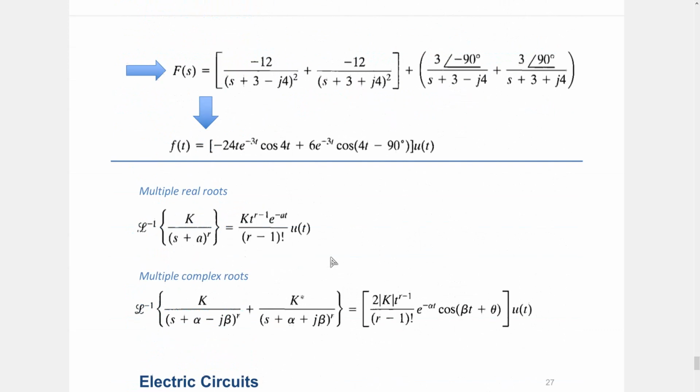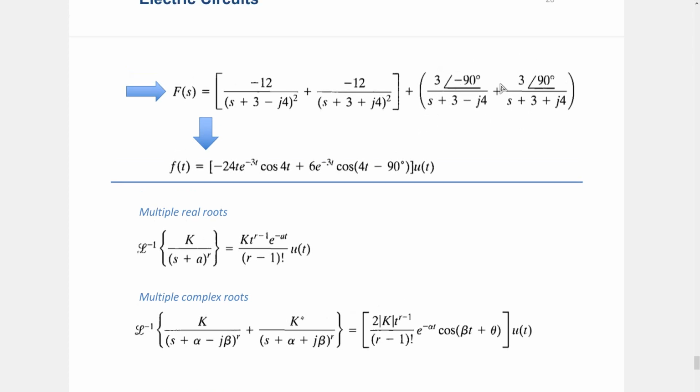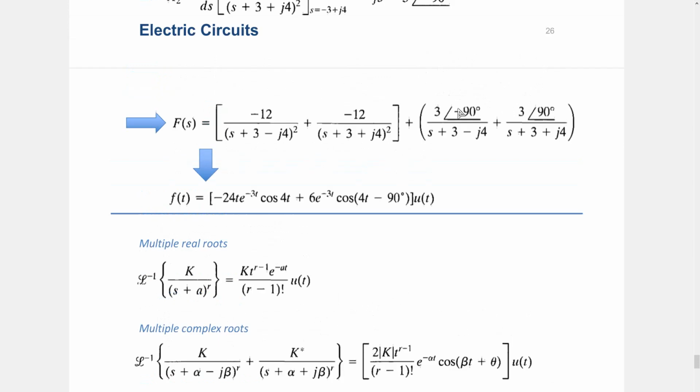So knowing this, I can write down my F(s) with the coefficients like this: minus 12 divided by (s plus 3 minus j4) squared plus minus 12 divided by (s plus 3 plus j4) squared plus minus j3 divided by (s plus 3 minus j4) plus j3 divided by (s plus 3 plus j4).